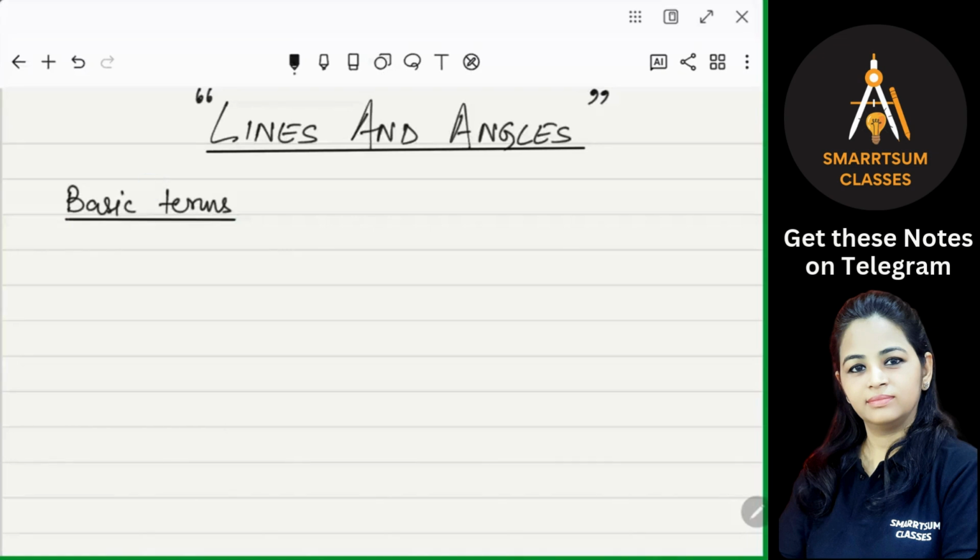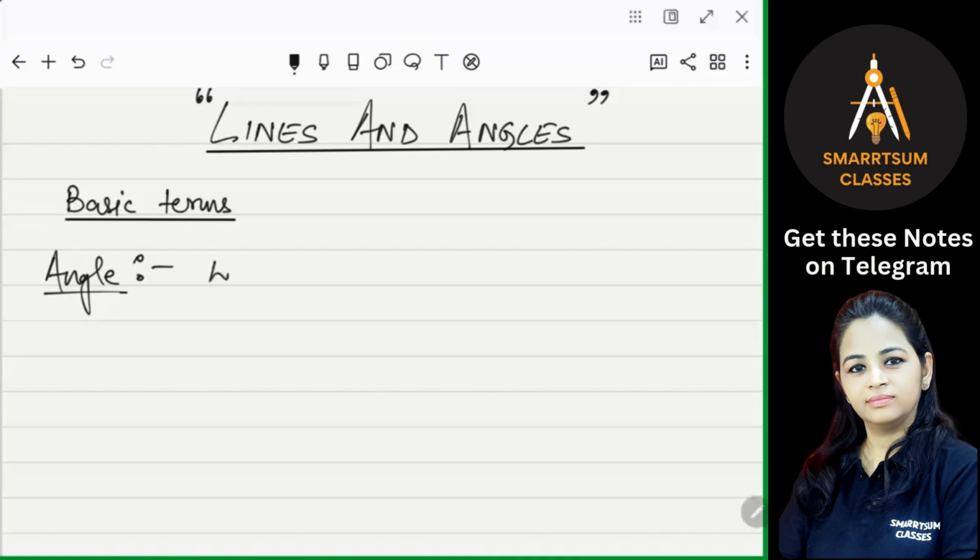Basic terms. So what is an angle? Can you tell me what is an angle? Angle means when two rays originate from the same endpoint, then an angle is formed. Yes or no?